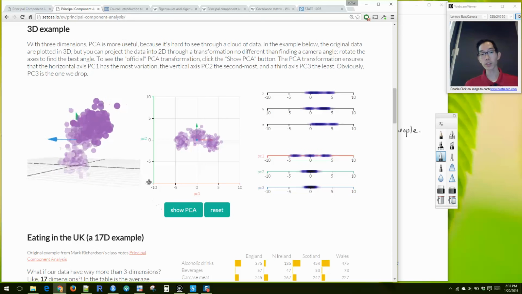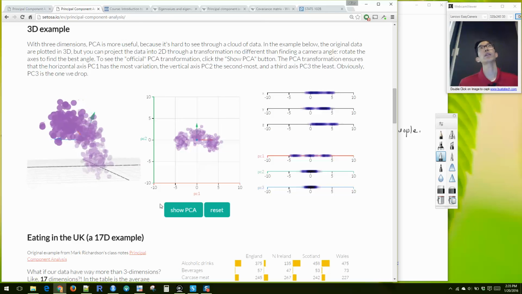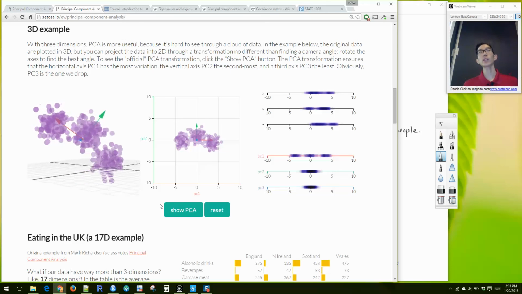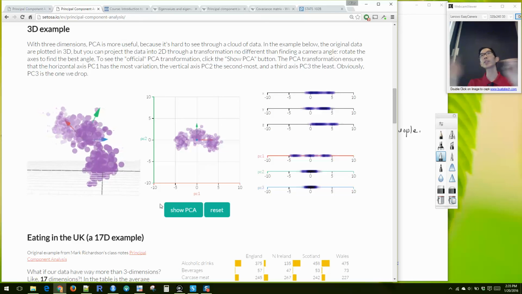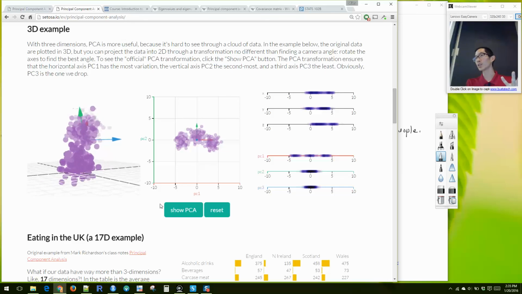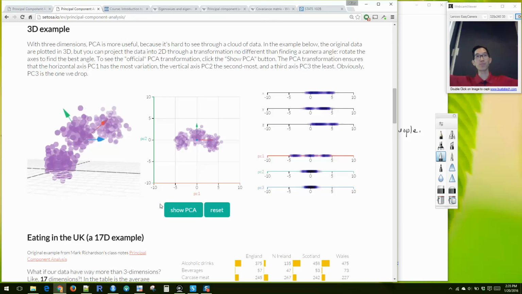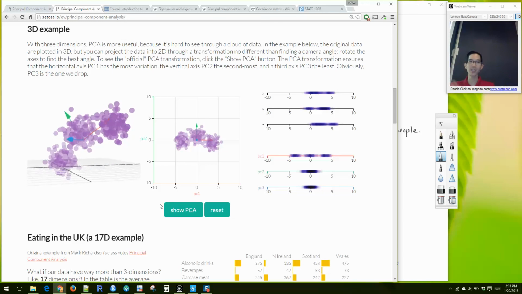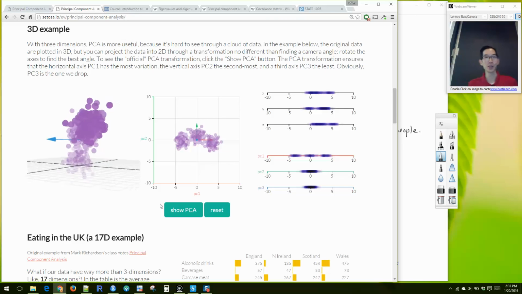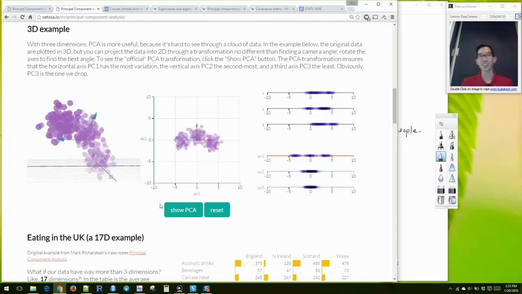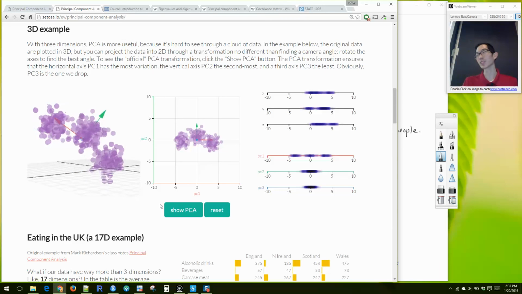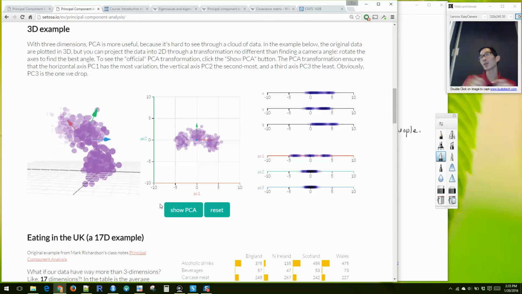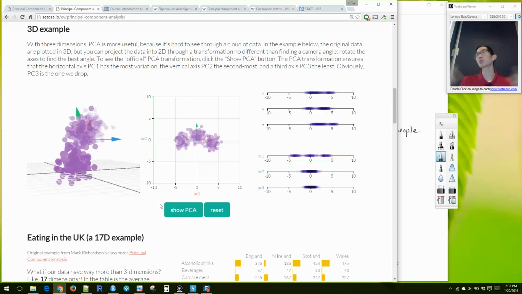One thing to note is that depending on how your data is recorded, if one variable has huge values, say you decided to record people's heights in millimeters and you're recording everything else in regular units, the height is going to have the most variation.